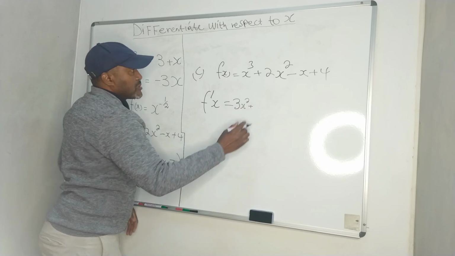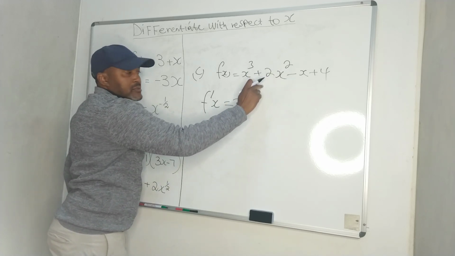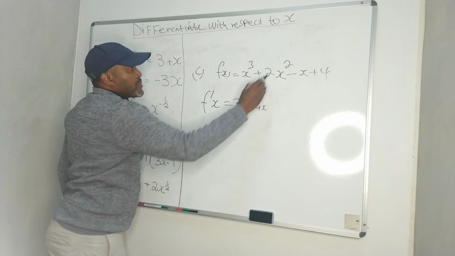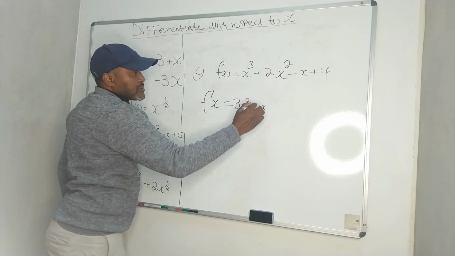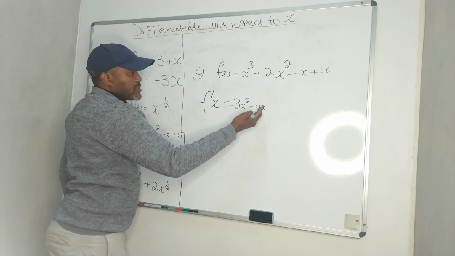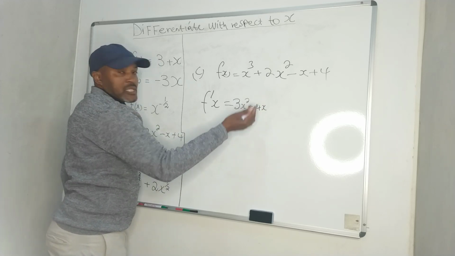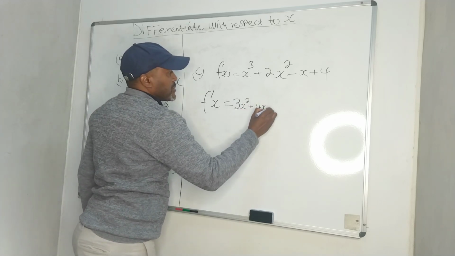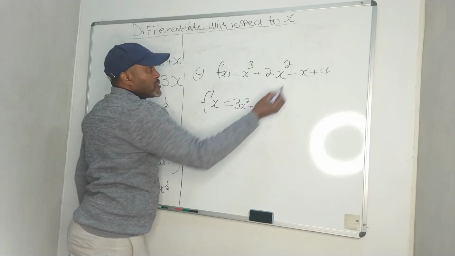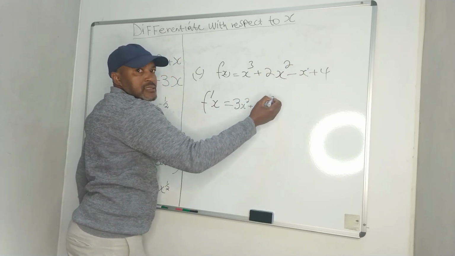Plus 2 will drop down, you get 4x. But 2 minus 1 is 1. Then any number to the power 1, you can leave it like that. Minus. Here you've got 1. You drop it down, you get x.